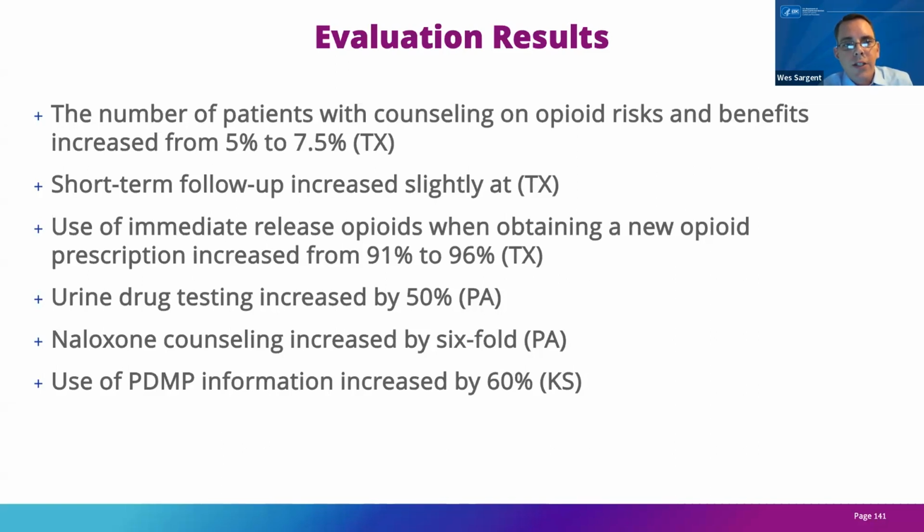The number of patients being counseled around opioid risks and benefits increased. You saw that short-term follow-up increased. The use of immediate release opioids when obtaining a new opioid prescription increased. Urine drug testing increased as well. You see that naloxone counseling, co-prescribing naloxone with higher levels of MME, increased by 6-fold.